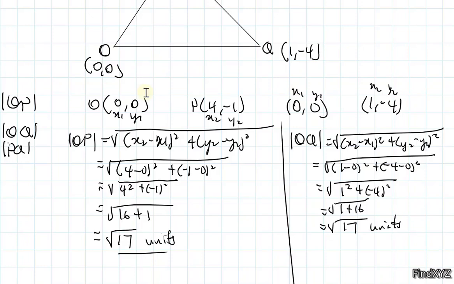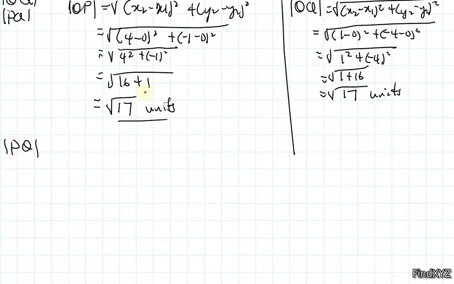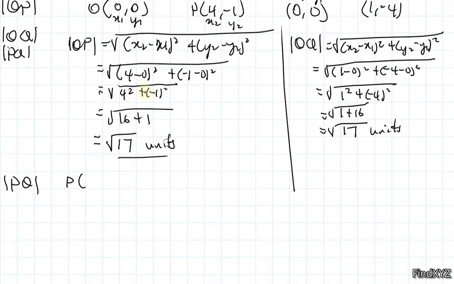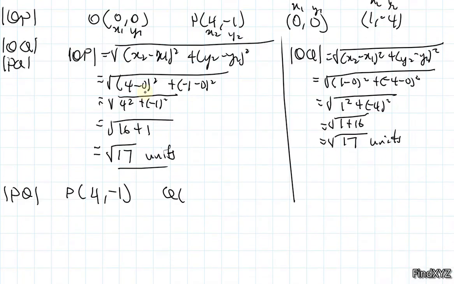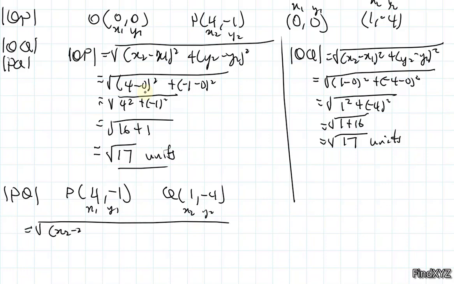Let's work on the distance of the last side, which is PQ. Now for PQ, we need the coordinate of P, which is (4, -1). We need the coordinate of Q, which is (1, -4). Now label your coordinates. So we have x1, y1, and then x2, y2. x2 minus x1 all squared plus y2 minus y1 all squared. Then let's substitute our values.